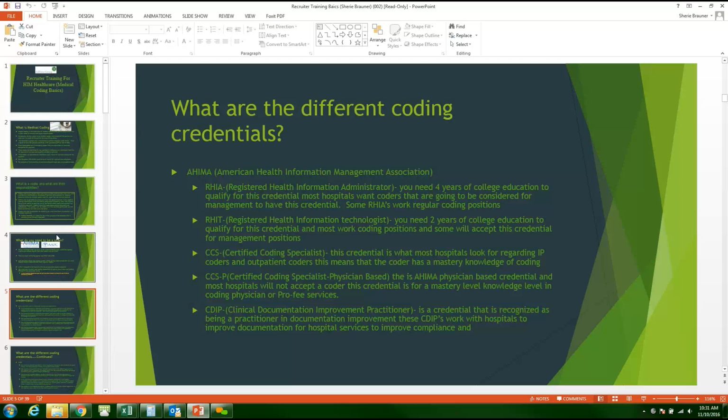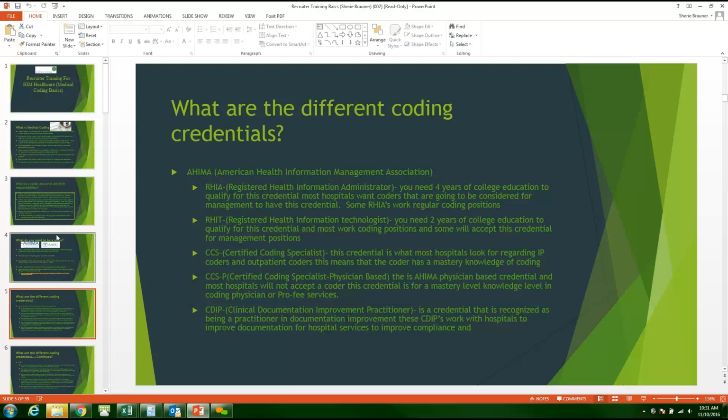Well, let me back up there. The CCSP is basically one of the mastery skills when it comes to physician-based coding, as it says further in that paragraph, for a mastery level knowledge in coding physician or pro fee services.